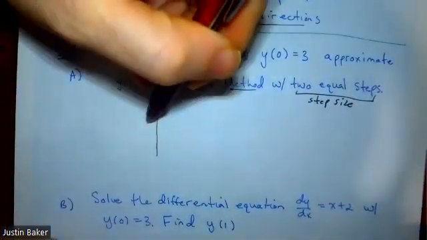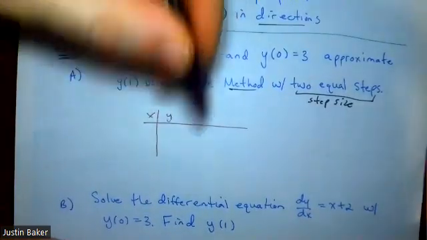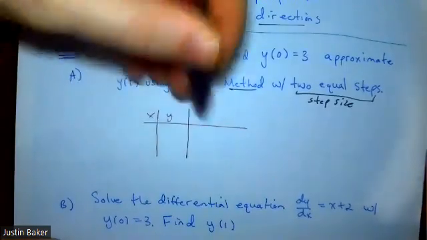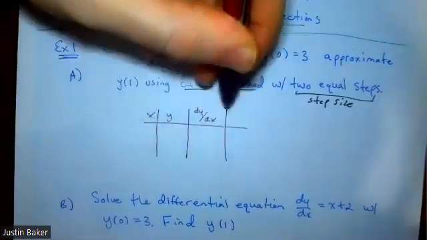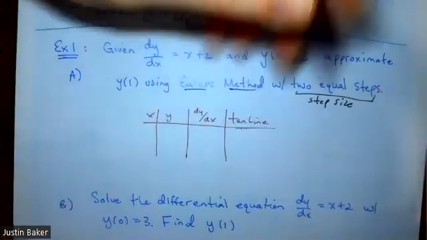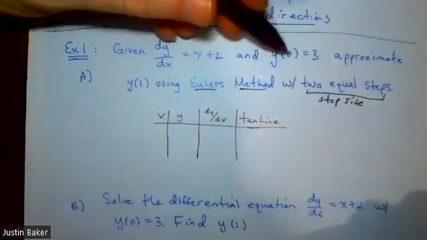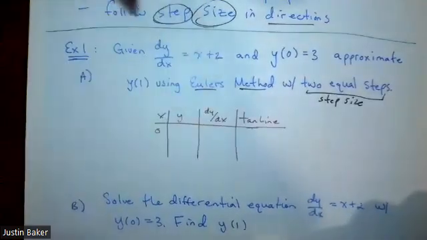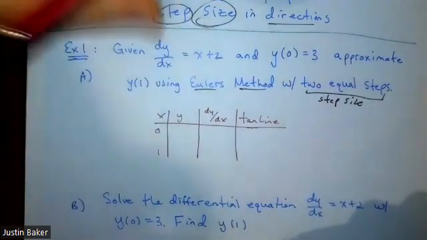Let's make our table. So we've got x, y, dy/dx, tangent line. All right, so we are starting at the x value of 0, and we're trying to figure out what happens when we plug in 1.